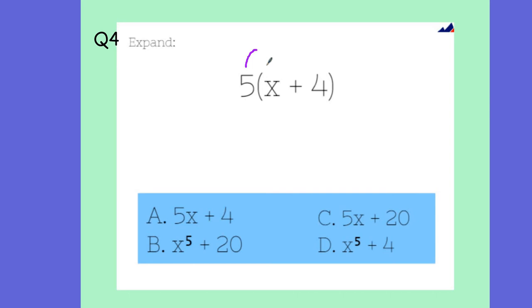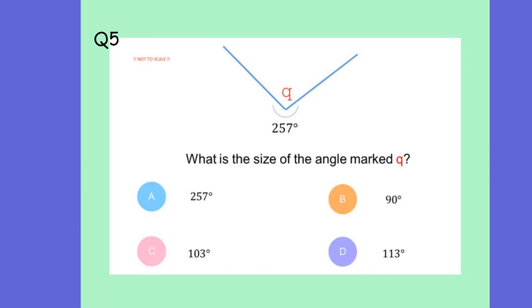Remember, we're multiplying everything inside the bracket by the term outside, so 5 times x plus 5 times 4. And finally, what is the size of the angle marked Q? We've got angles around a point. We've been given one of those angles as 257. What's the other one?